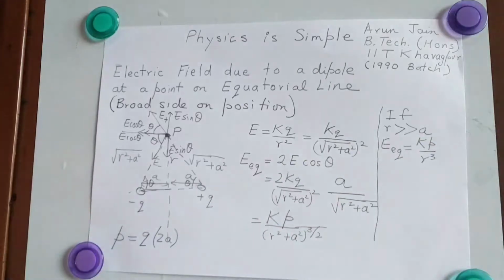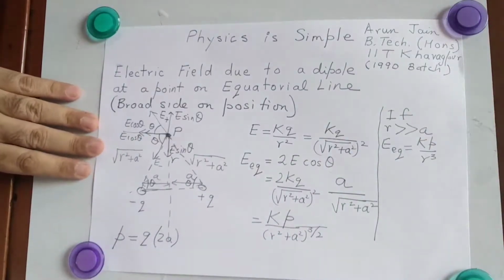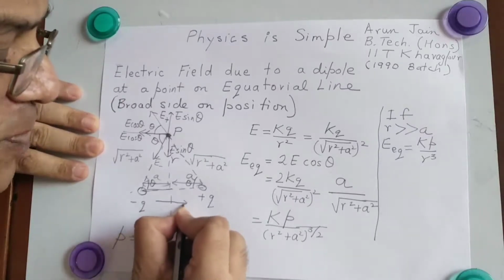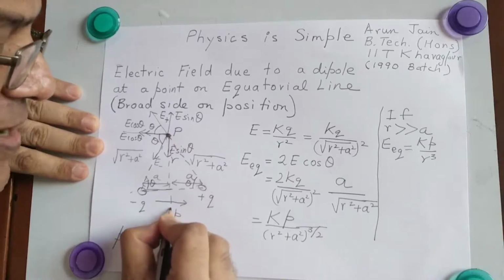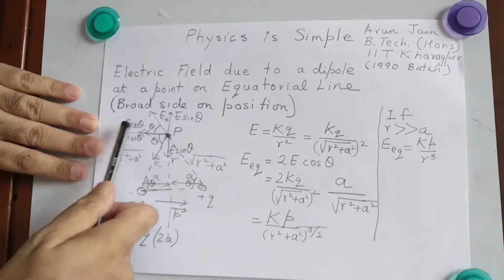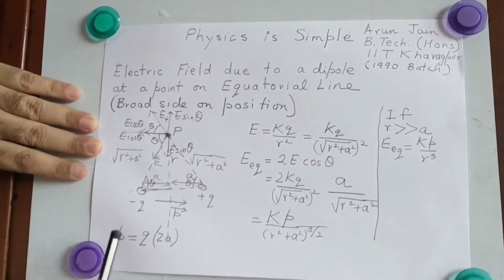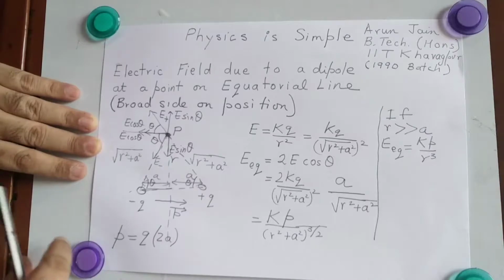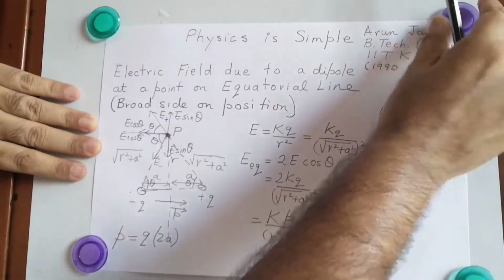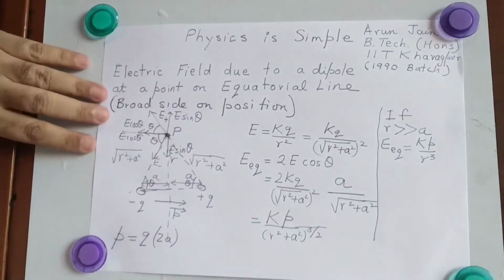Now the direction of this electric field is opposite to the direction of dipole moment. Dipole moment is from minus to plus charge. So p vector is in this direction. And the electric field, that is 2E cos theta, is in the opposite direction. So direction of this electric field is opposite to p vector. For the axial point, the electric field was in the same direction as p vector.